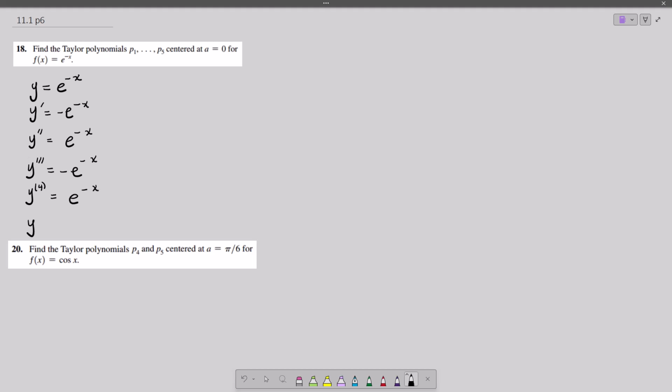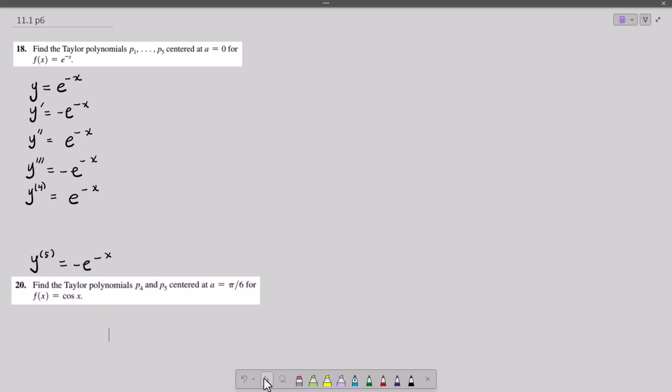And then the 5th derivative will be negative e to the negative x. So there's our first column, if you will, the function and the derivatives that we need.